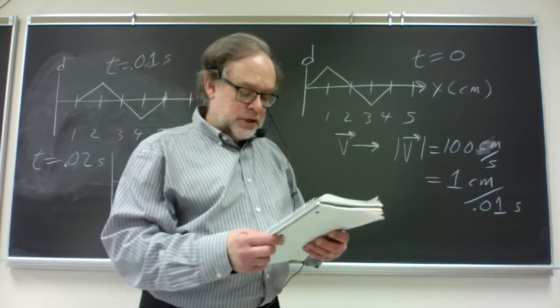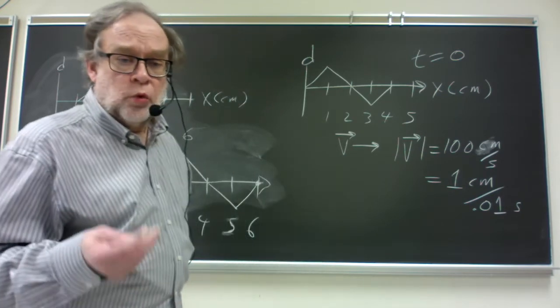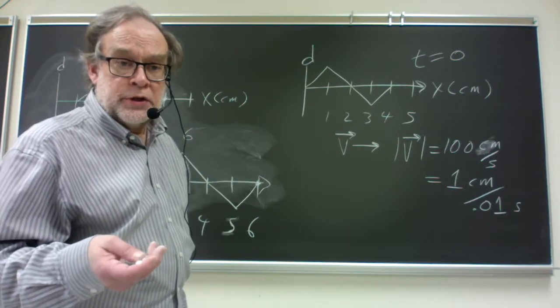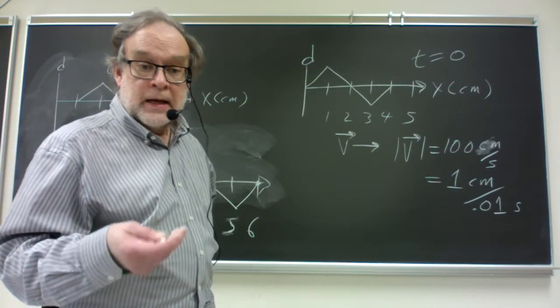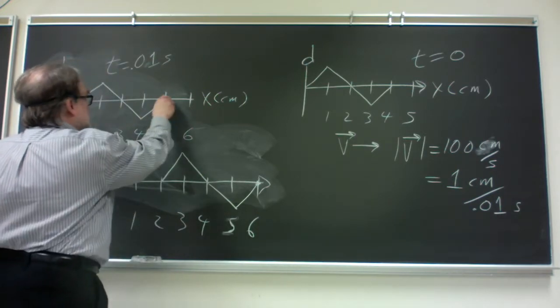So let's, just as an example, take the x = 5 point as the point that we'll be focusing on. We'll draw a history graph for the motion and the displacements of this point here.